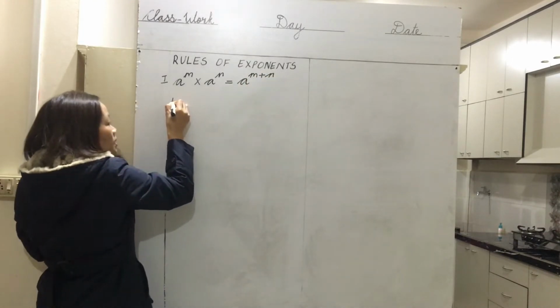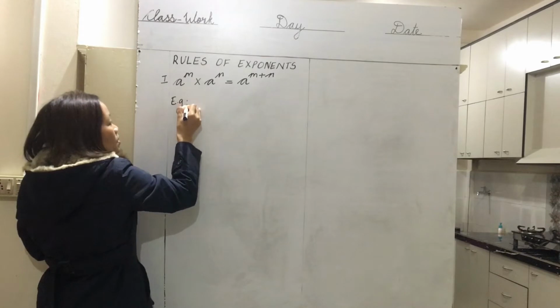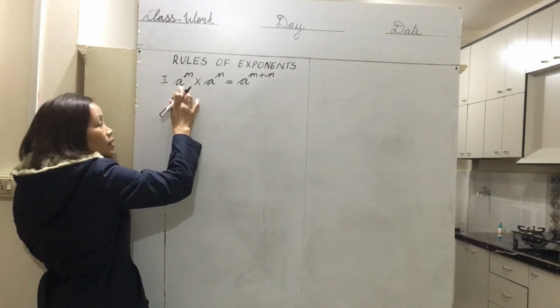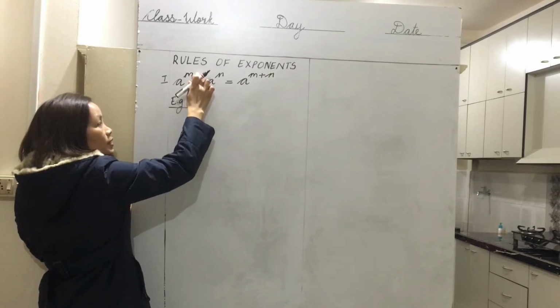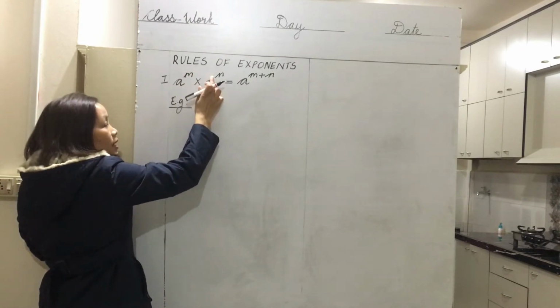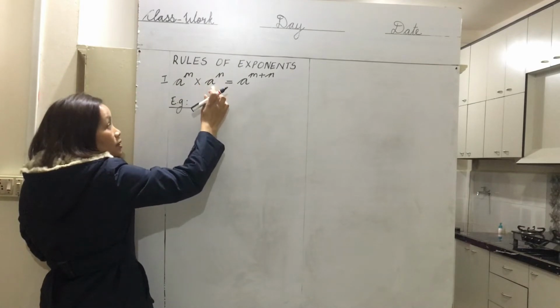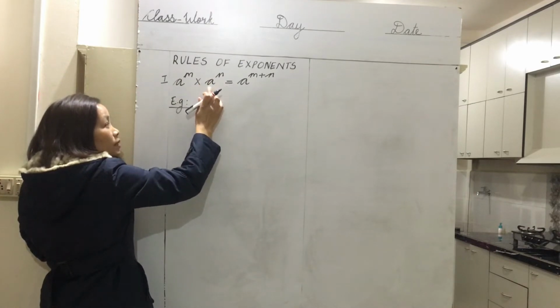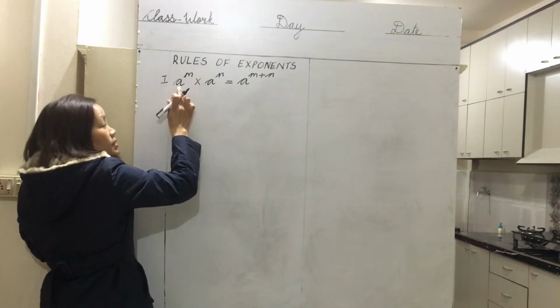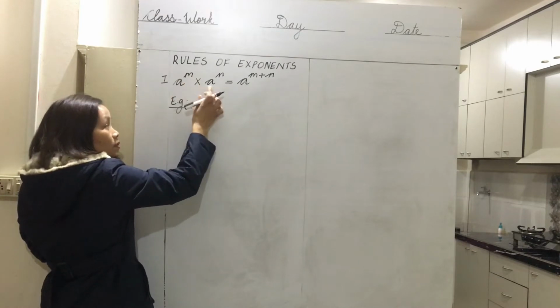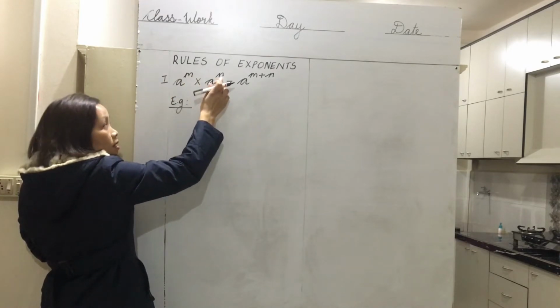This means when we have a number with a power multiplied by a, here a is representing any number, right? A could be any number. Any number with power multiplied by that same number with a different power.